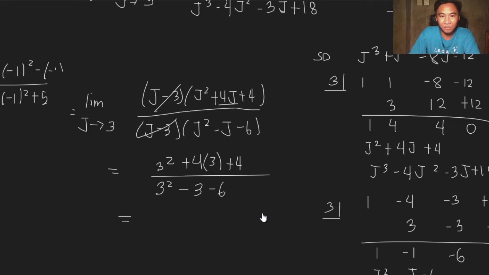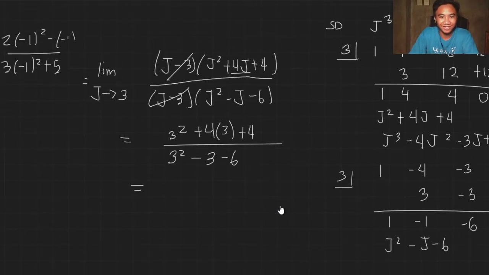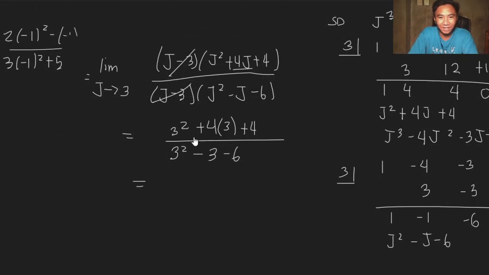Sana nanonood pa kayo sa oras na to. Our answer will be 9 plus 12 is 21 plus 4 is 25. And then ito naman 25 all over 9 minus 3, 6 minus 6, 0.